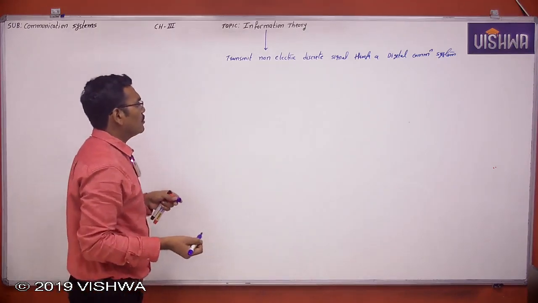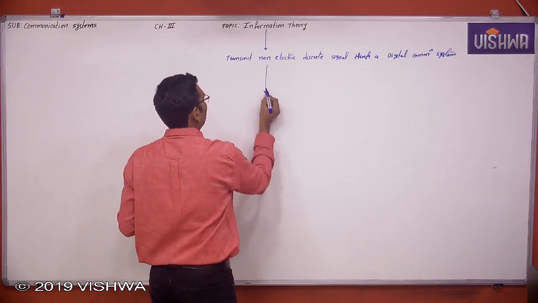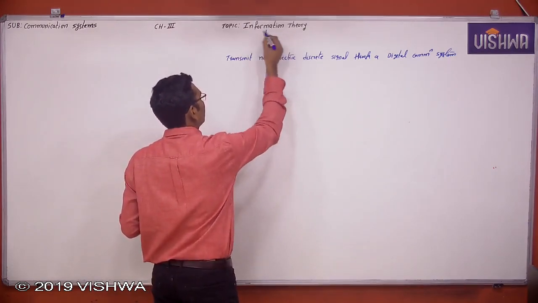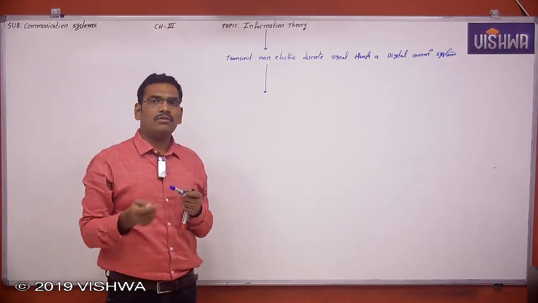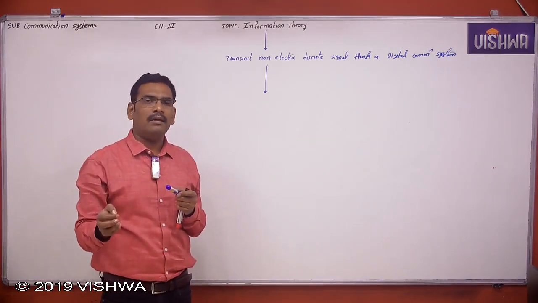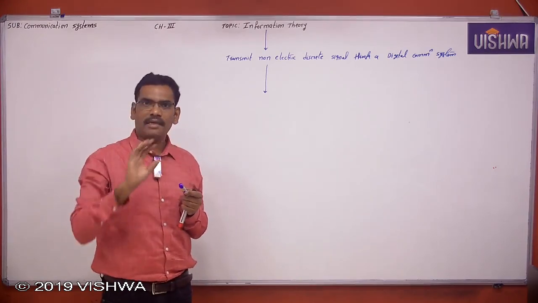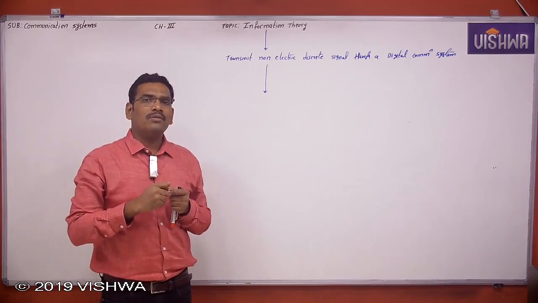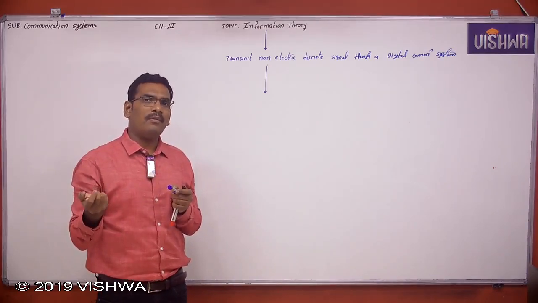Okay. So you know that information is some unpredictable data. If you toss a coin, taking that as an event, the outcomes are head or tail. So we take the outcome with the help of probability: the probability of getting head and the probability of getting tail.